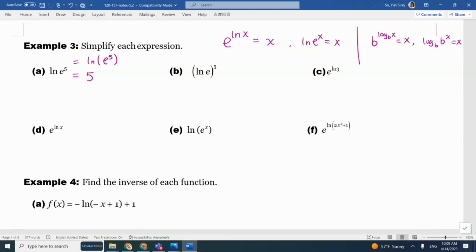And now, what's ln of e? You can think of e as e to the 1, right? ln and e cancel, so you're left with 1. Is that okay, everybody?